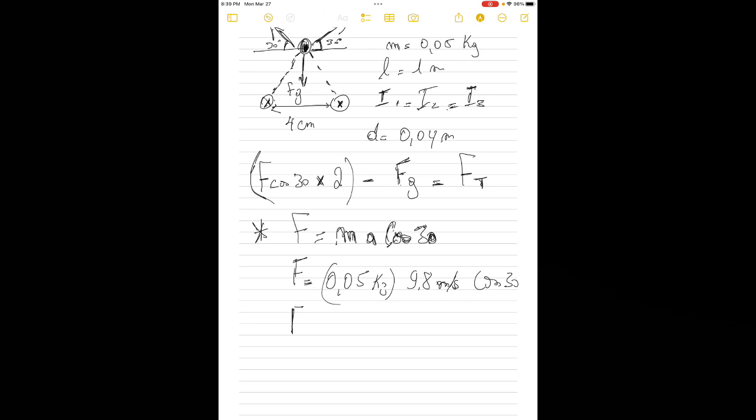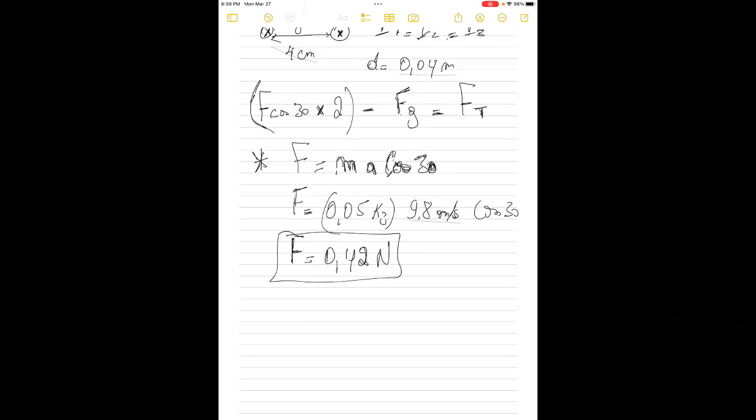So the force here is going to be equal to 0.42 Newton. And we multiply it by 2 because we have two wires affecting the upper one. This is 0.85 Newton.